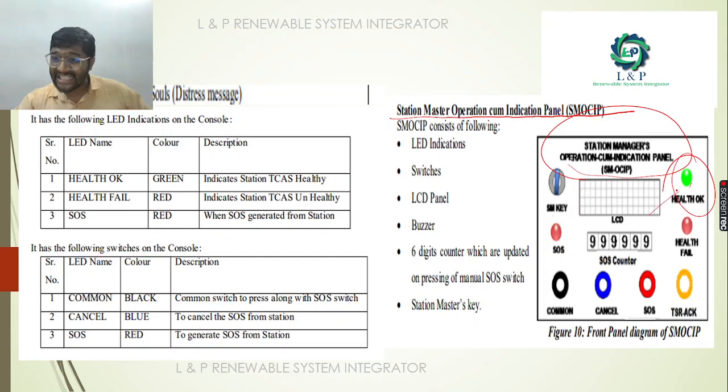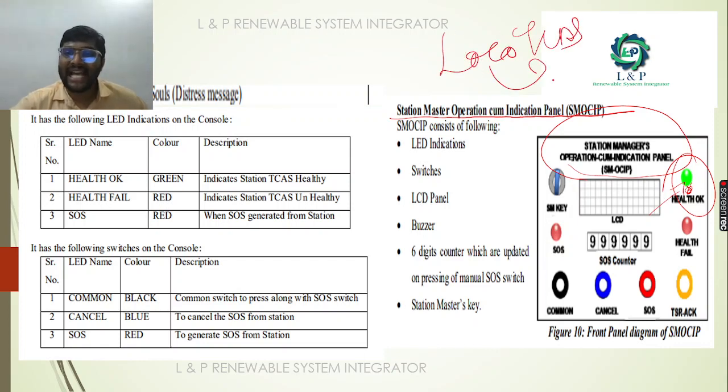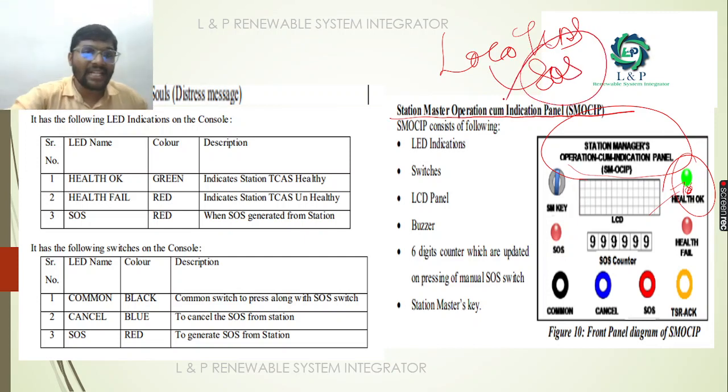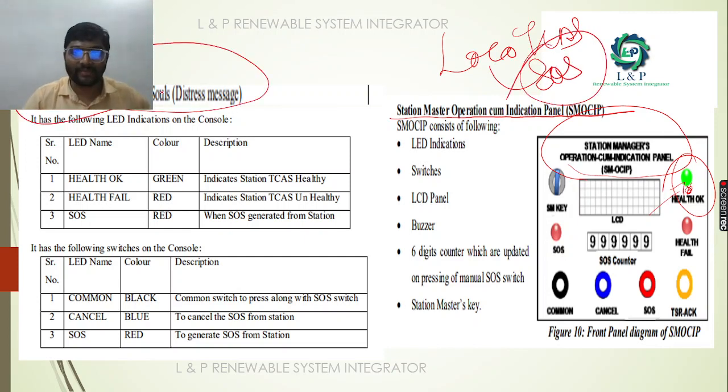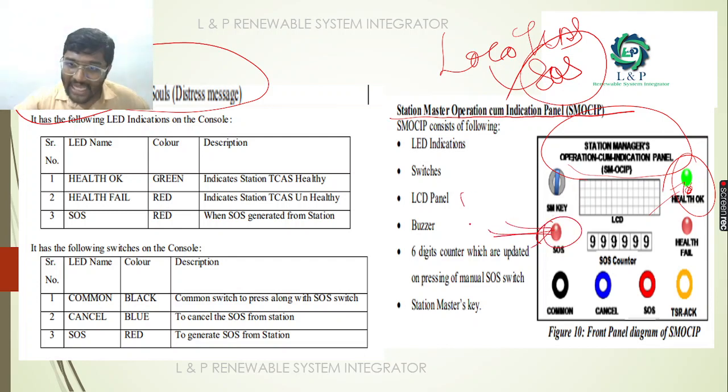If it is unhealthy, this indication will be red. And when will the health fail? Simple. When we receive a signal from the loco train collision avoidance system as SOS, which means save our souls, which is a distress message, it will be generated. When this is generated, the SOS will be in red.